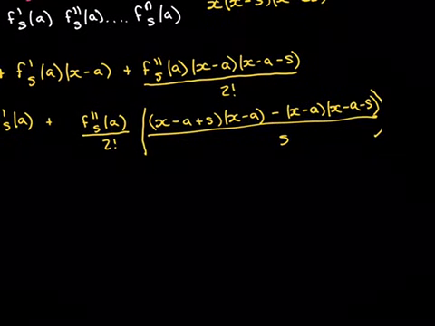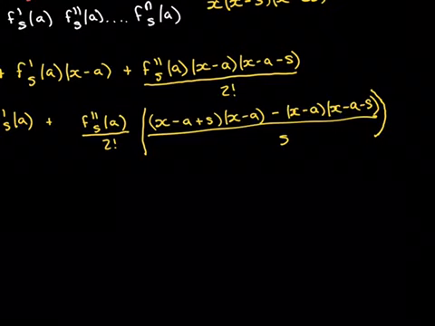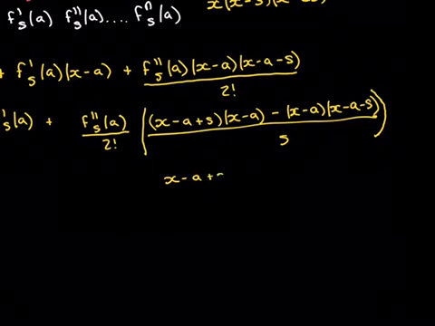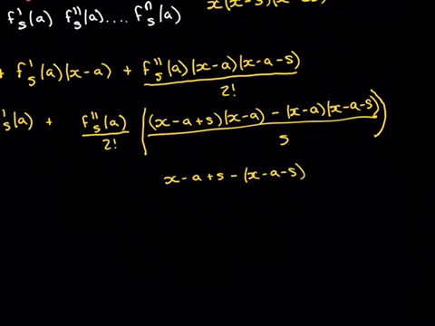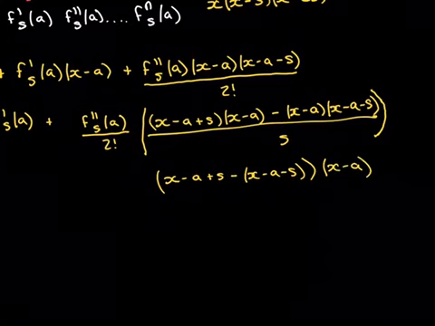My bracket was lost there. So, obviously factor out the x minus a, and then we get x minus a plus s minus x minus a minus s, all times by x minus a, and then all divided by s.